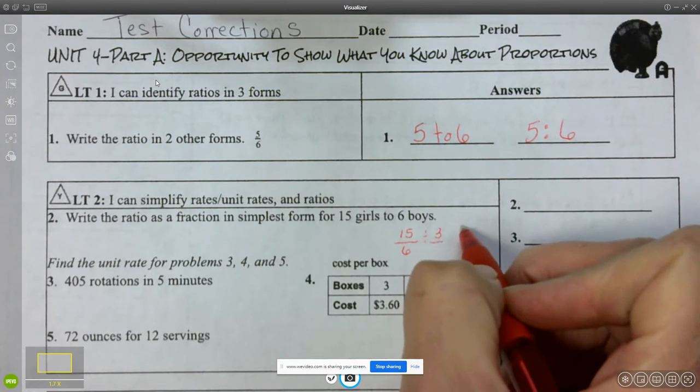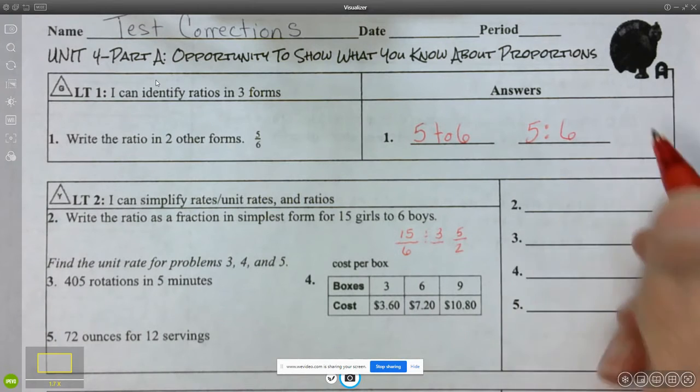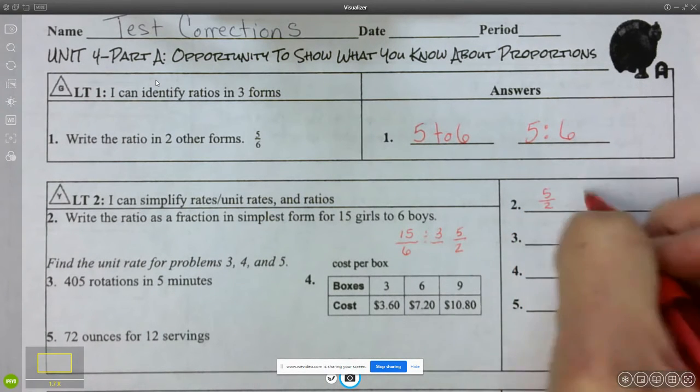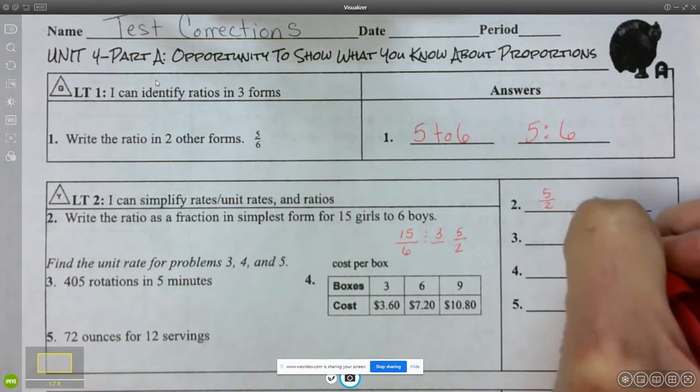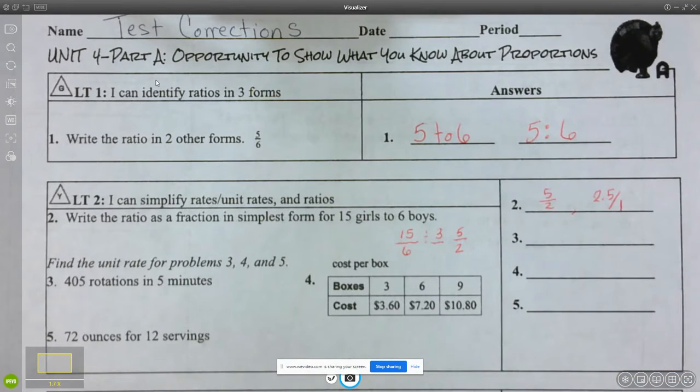And we would have 5 is to 2. And you could even think about 5 being divided up by 2, and you could even say 2.5 to 1 on that one. All right, find the unit rate for problems 3, 4, and 5.